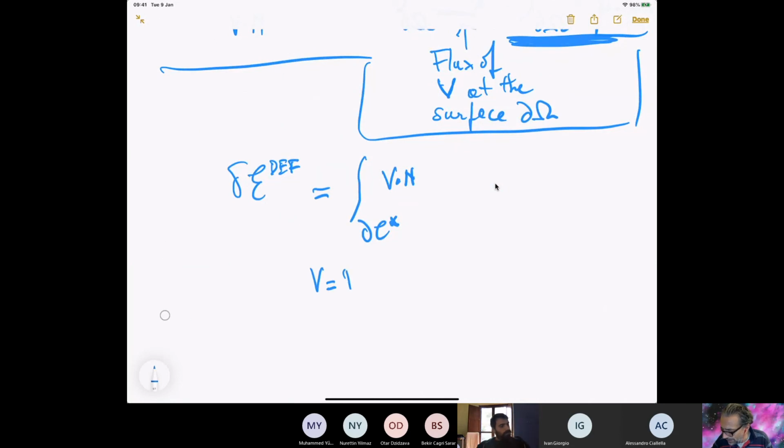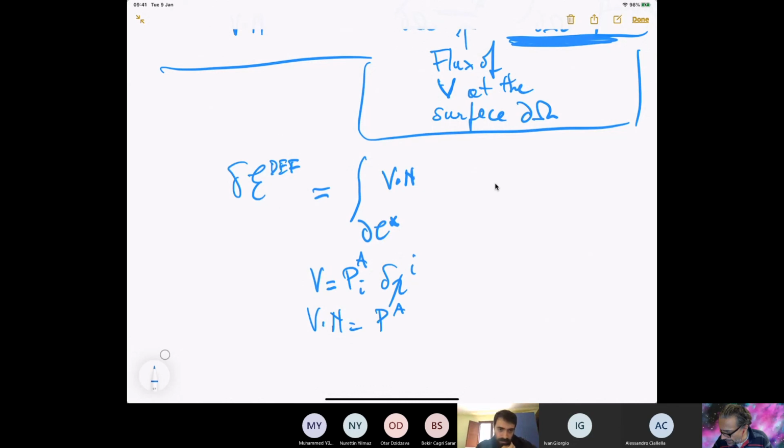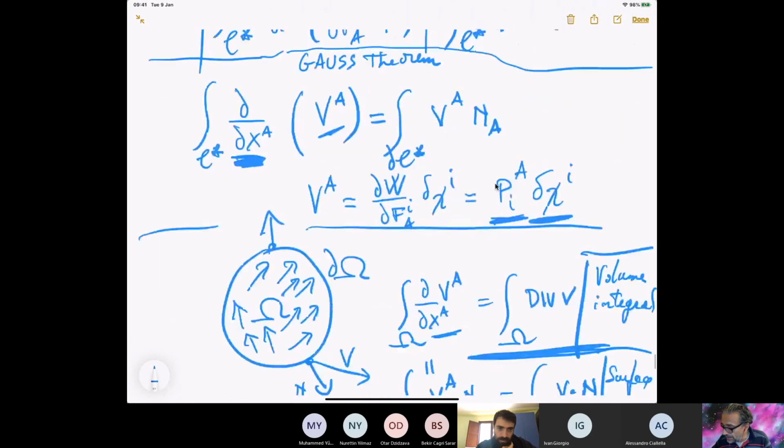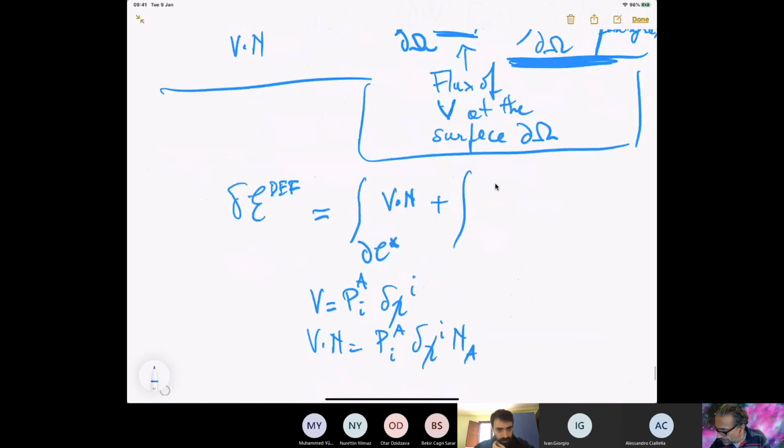V is equal to P_iA, and V dot n is equal to P_iA delta chi_i n_A in components, plus, after the application of Gauss theorem, this volume integral, where I have d over dx_A of P_iA delta chi_i.